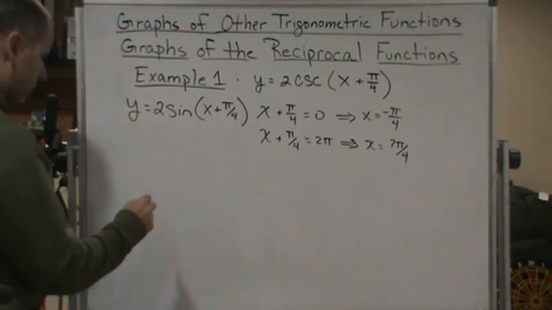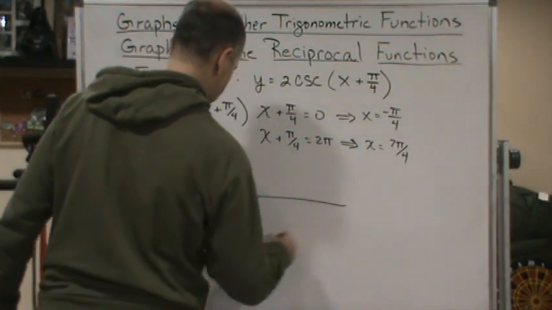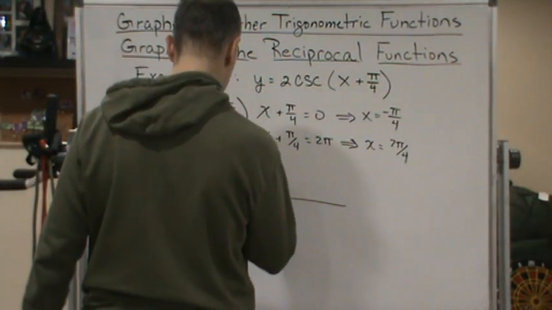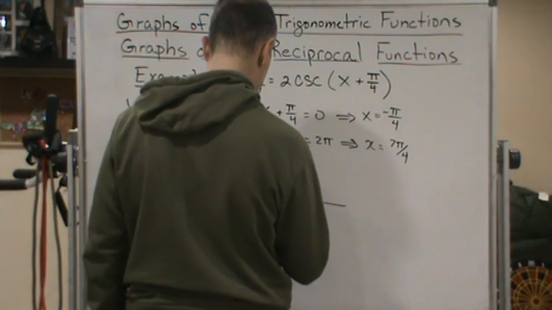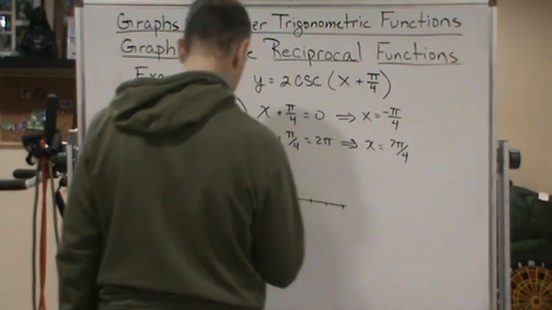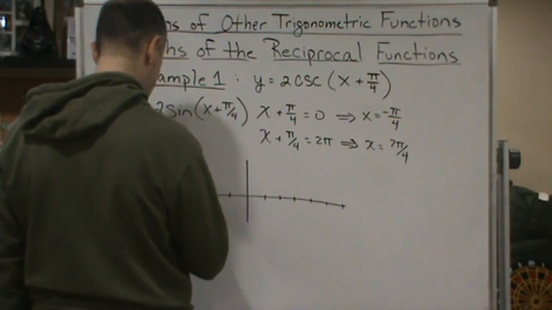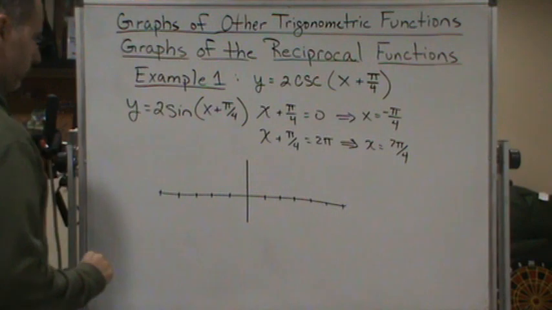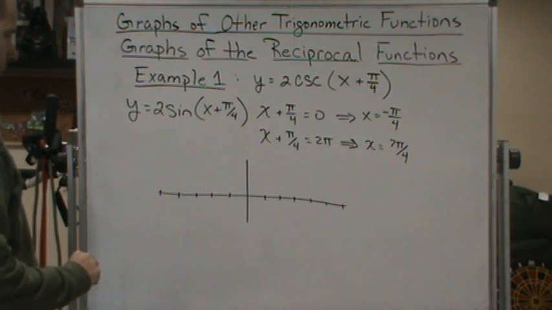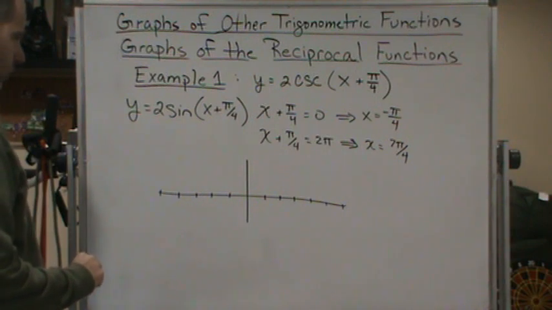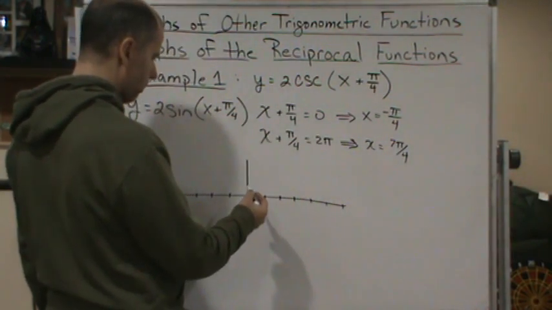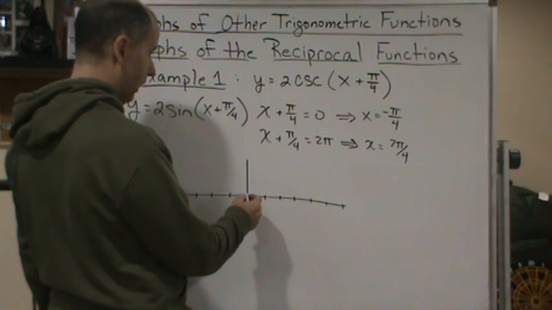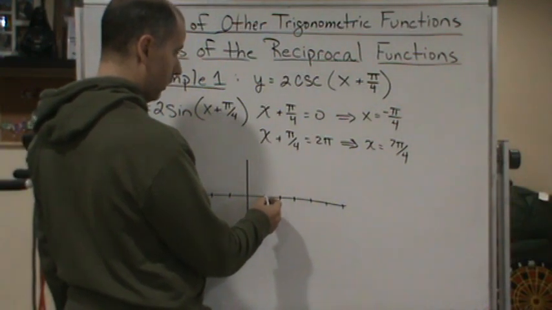So what we're going to do is sketch the graph. Okay, so let's do this. We know that the period is 2 pi. So sine starts at 0, so it's going to be pi over 4.